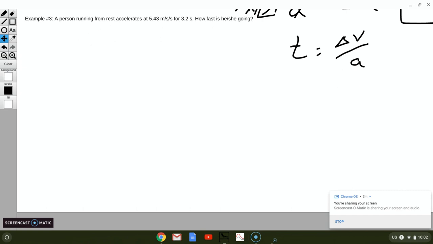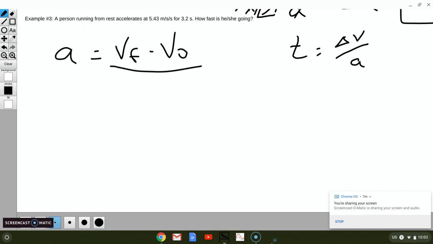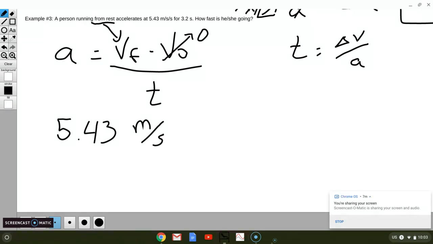Okay. So the first way is just to use the equation, all right, V final minus V naught, or that's initial, over T equals A. And then what we're going to do is we're just going to solve for that, okay? Now, starting from rest means that this V0 is 0, so we don't have to worry about that. So now it's just a matter of making sure our algebra is good. So it'd be 5.43, and again, I'm going to use my units in my work because it helps, equals VF over 3.2 seconds.